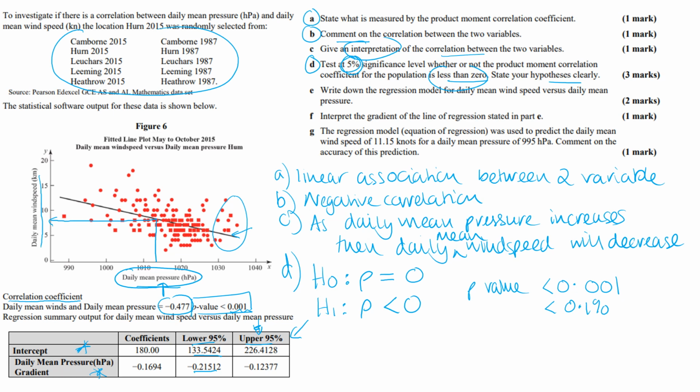So as the p-value is less than 0.001, it is also less than 5% because it's even less than 0.01%.